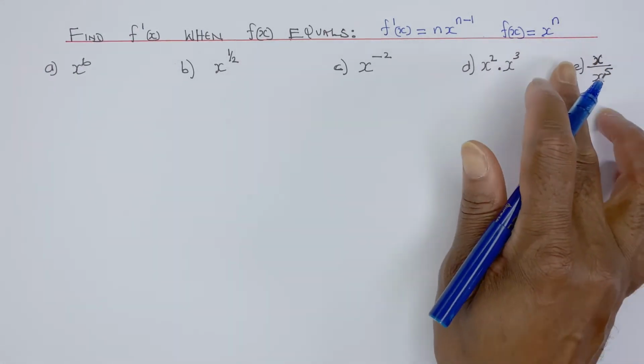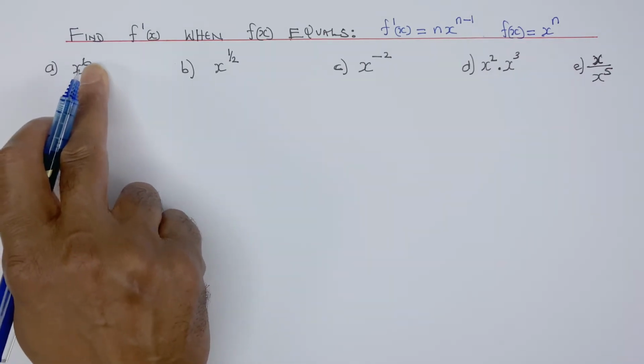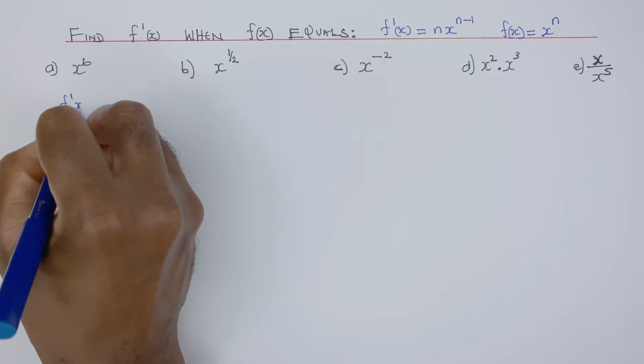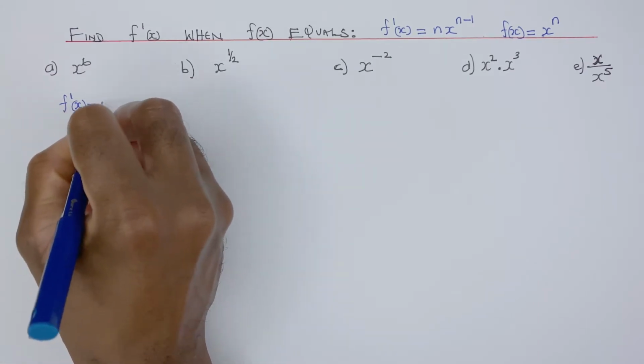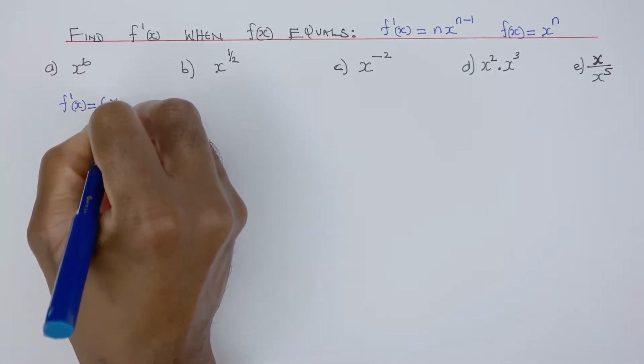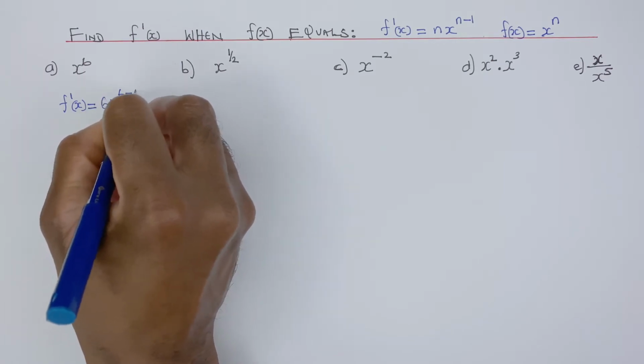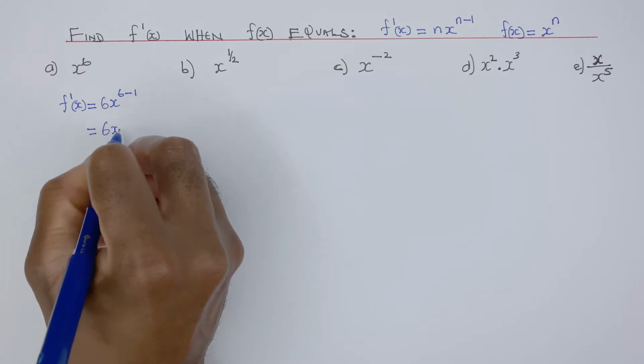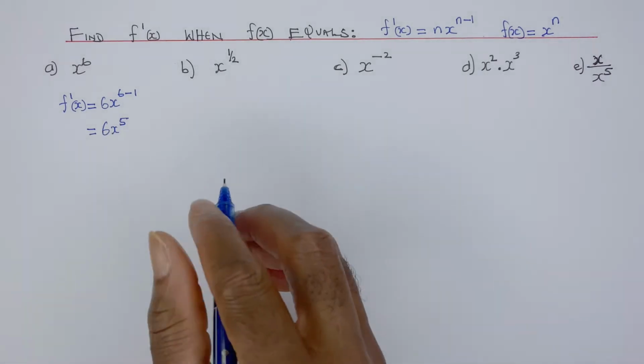So that's what we're using. You can see n is 6 here, so we'll be saying f dash x equals 6x to the power 6 minus 1, and that will be 6x to the power 5.